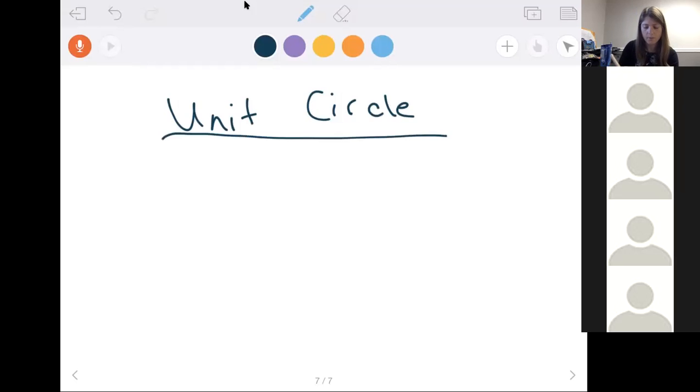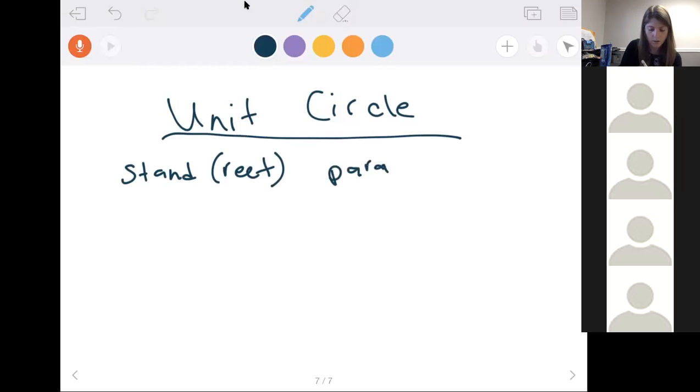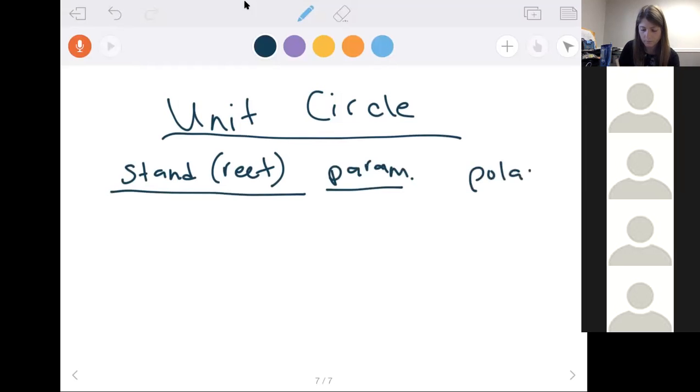But let's talk about the unit circle in standard or rectangular form versus parametric versus polar. So I think let's start with polar. r equals 1 is our polar form. That one is probably the most familiar.